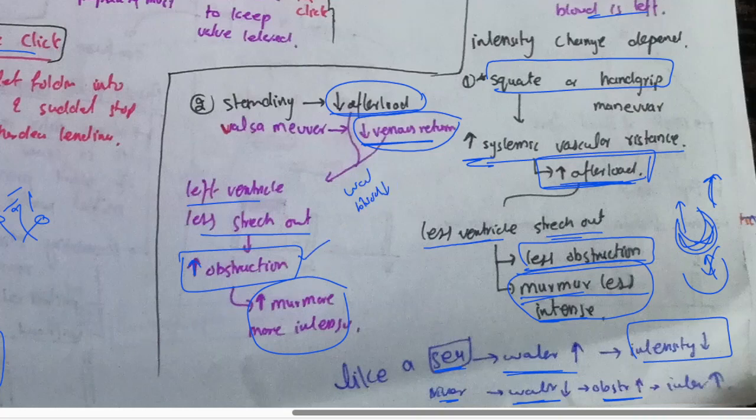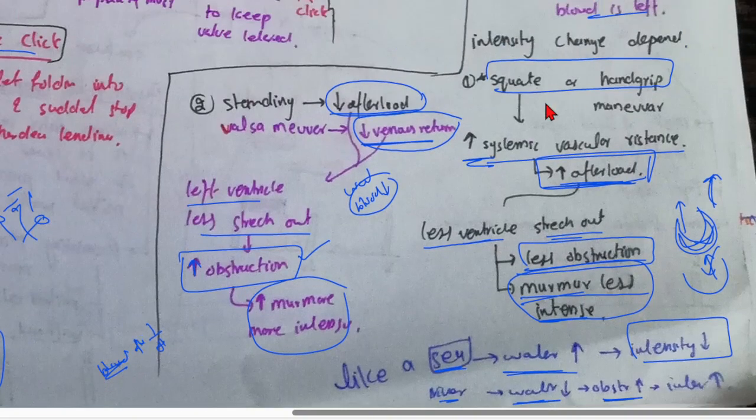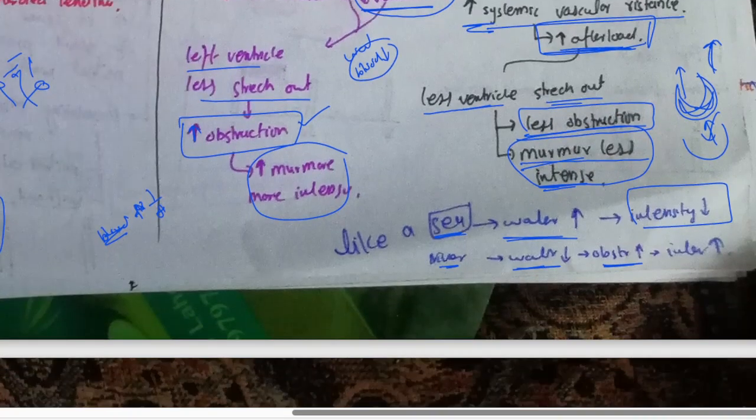There is an inverse relation: blood flow is inversely proportional to obstruction. If blood increases, obstruction decreases. In squatting or hand grip, the vascular resistance is increased and afterload is increased, but the blood is also increased, so there is less obstruction and the murmur is less.